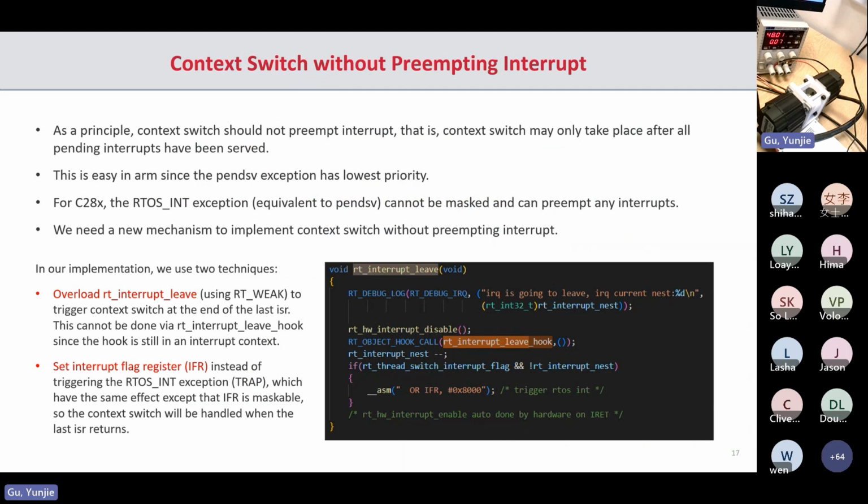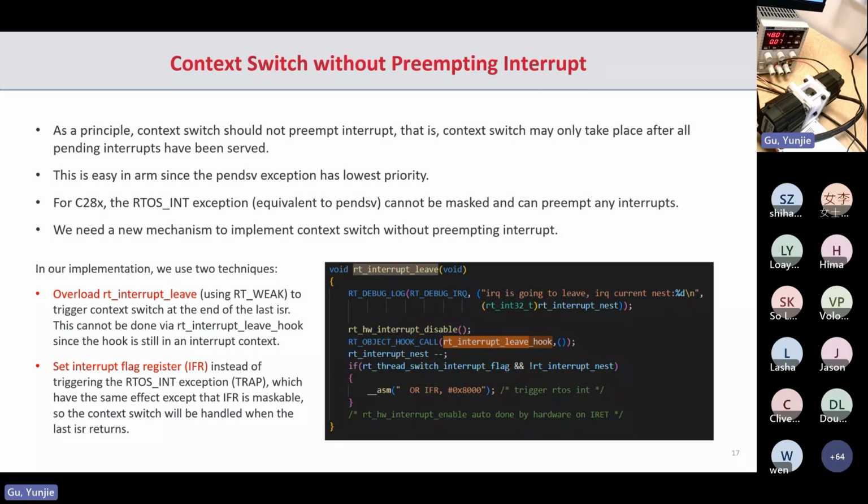And also, there's a problem for context switching within an interrupt. We know that the thread cannot preempt an interrupt, but an interrupt can preempt a thread. This is quite a standard principle in operating systems.